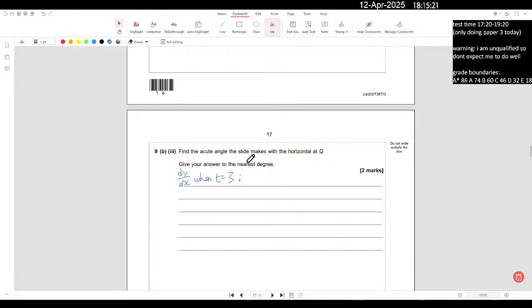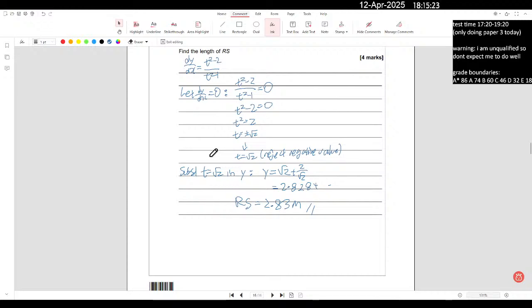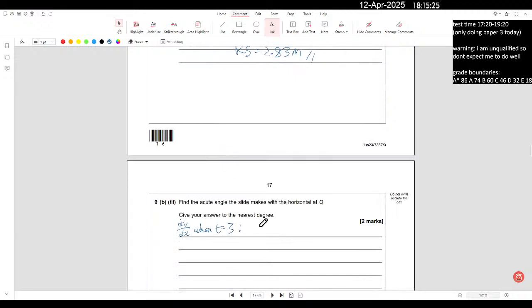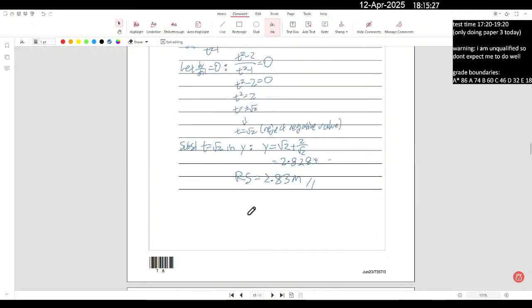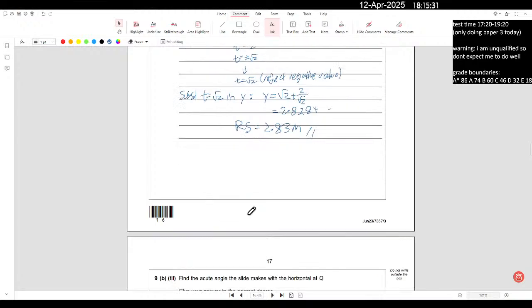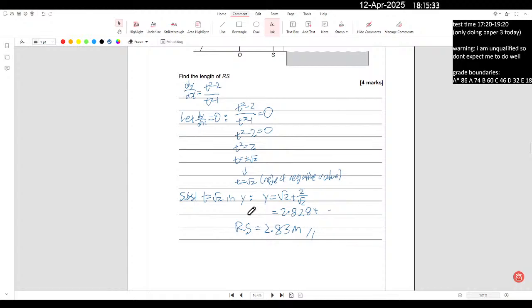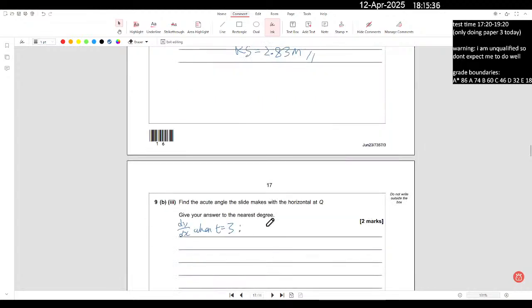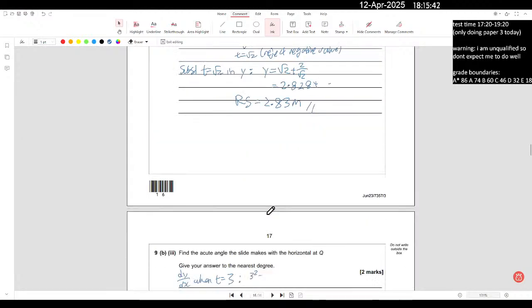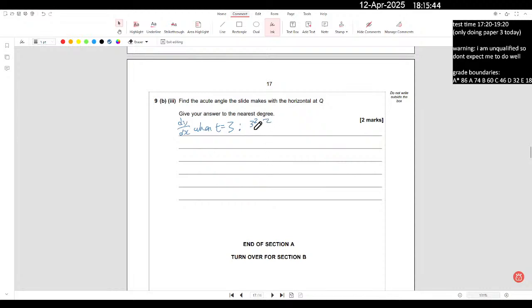So we've got to find the gradient: 3 squared minus 2 over 3 squared minus 1 equals 7 over 8.